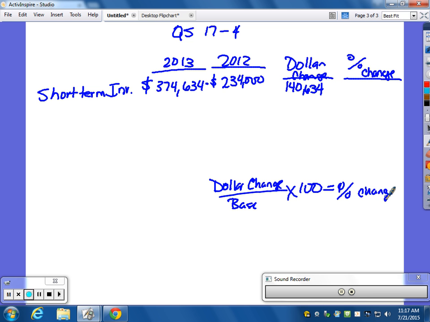In this case, our dollar change was 140,634, and we're dividing that by what? What's your base again? 234,000, and then multiply that by 100, which gives us what percent? 60.1.